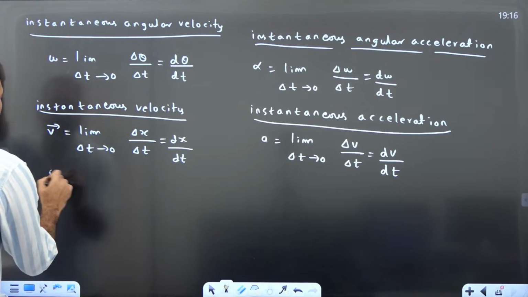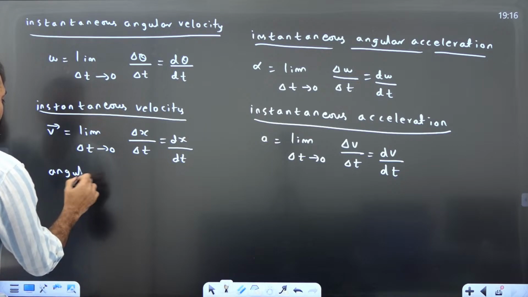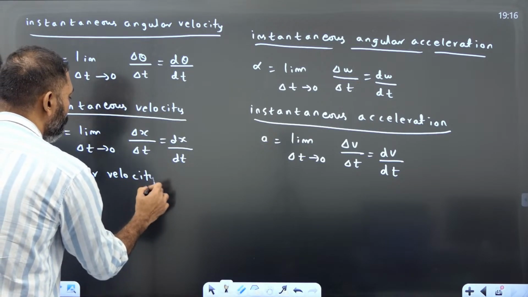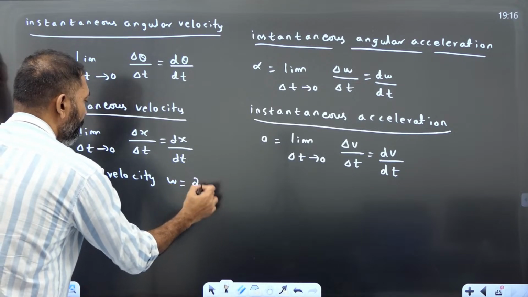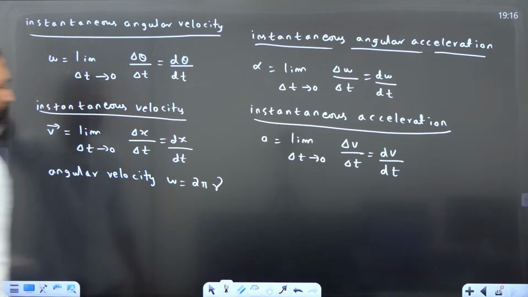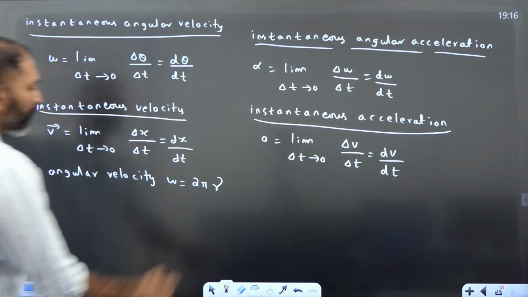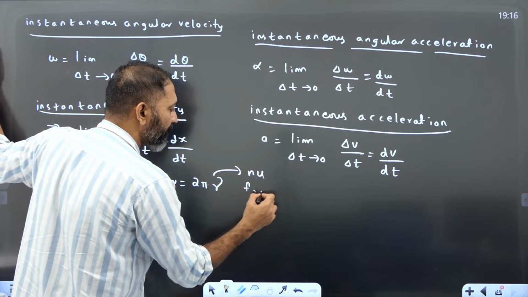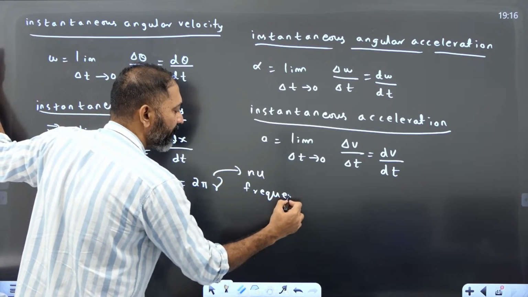Now, for angular velocity, there is one more equation. Angular velocity omega is equal to 2 pi nu. This is called nu. Nu is frequency. What is frequency?